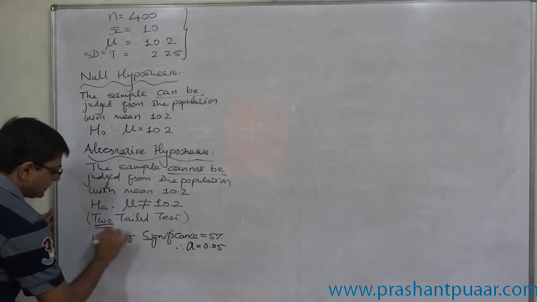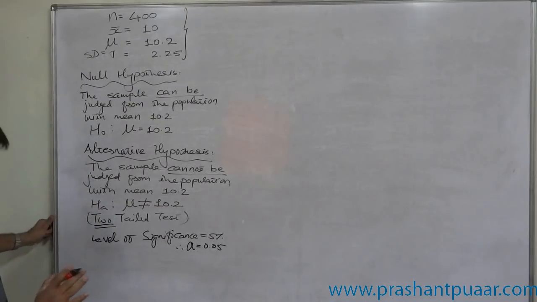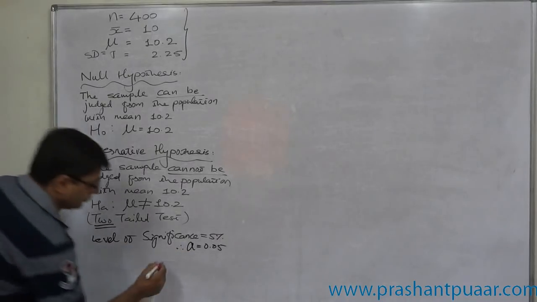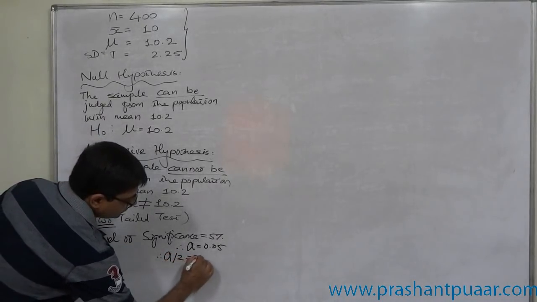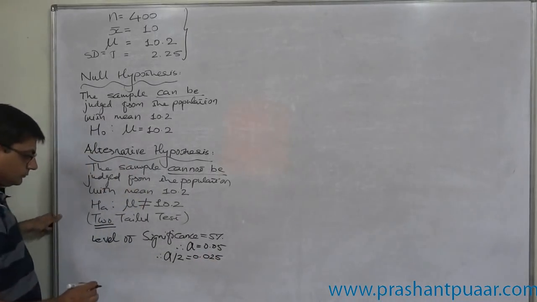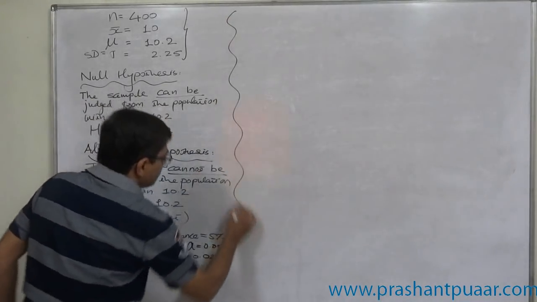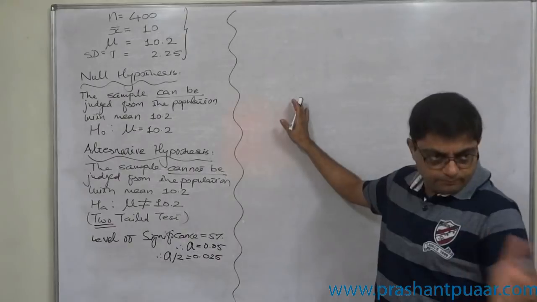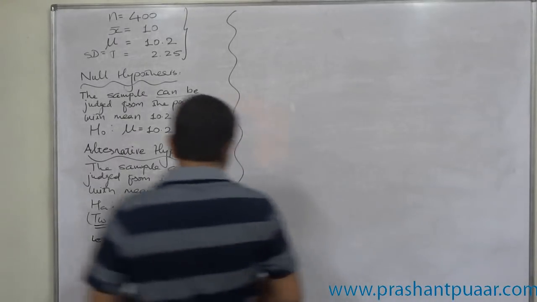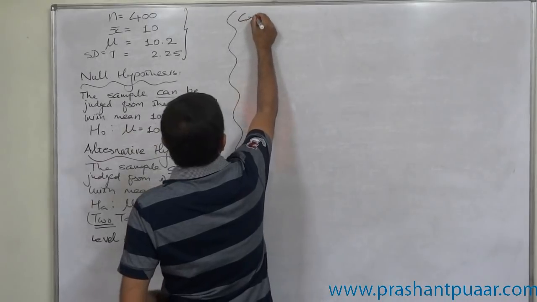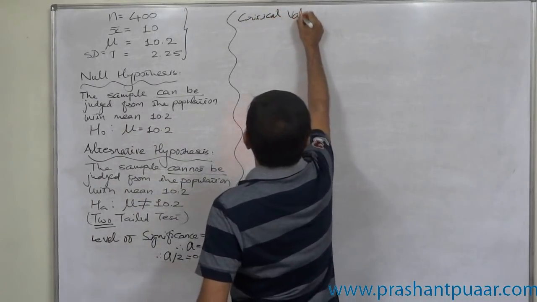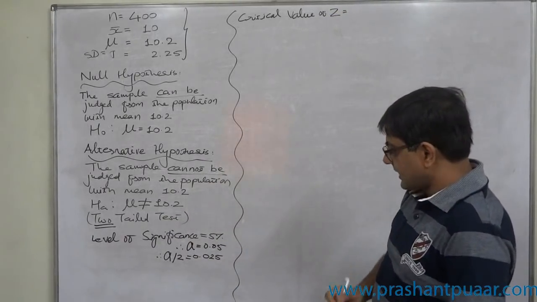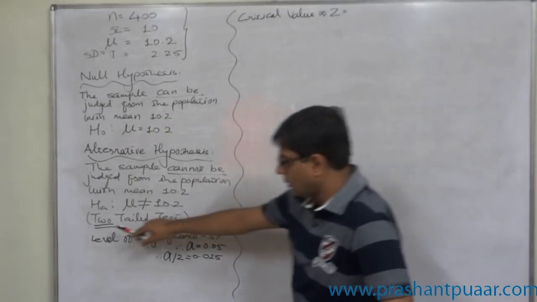Now this is a two-tailed test. So before selecting the critical value from the table, we have to divide alpha by 2. Alpha by 2 equals 0.025. In case of Z test, the degrees of freedom is taken to be infinite, so we need not write the degrees of freedom. Now critical value of Z. It is an open and shut case, 5% level of significance and two-tailed.